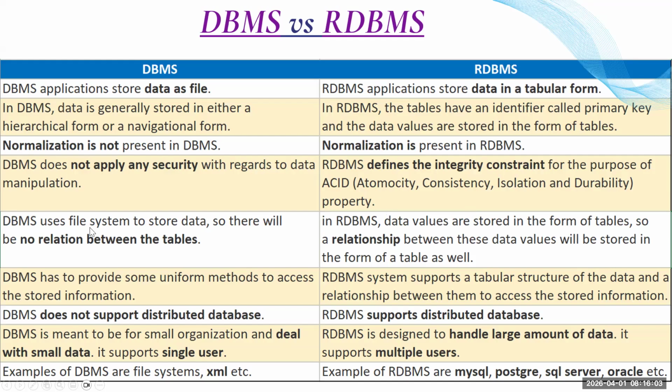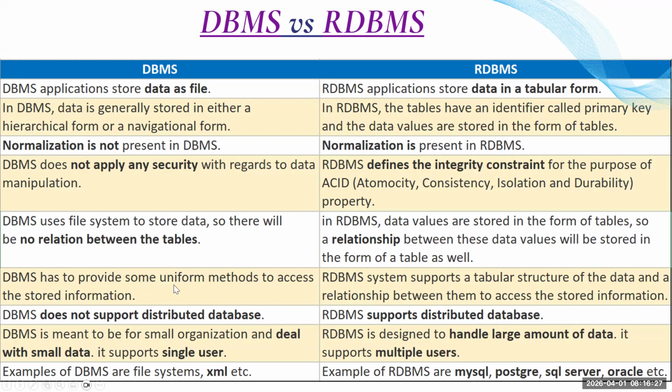Okay. Now DBMS uses the file system to store the data, so there is no relationship between the data. But RDBMS will maintain the relationship between the data because you are going to store your data in tables and you can keep the primary keys, you can keep the foreign keys, so that you have a relationship between these two objects.